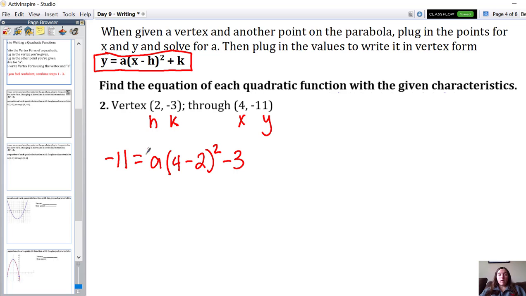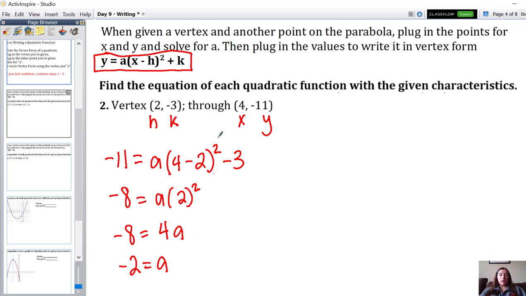And now we're going to simplify until a is all by itself. I'm going to start by adding 3 to both sides. -11 plus 3 is -8. That is equal to a, and I'm going to go ahead and simplify the parentheses. So 4 minus 2 is 2 squared. Now we have -8 equals 2 squared is 4a, and we can divide by 4, so a is -2.